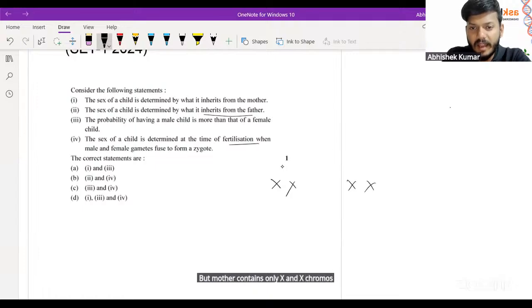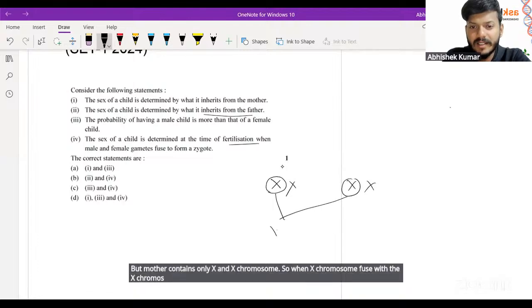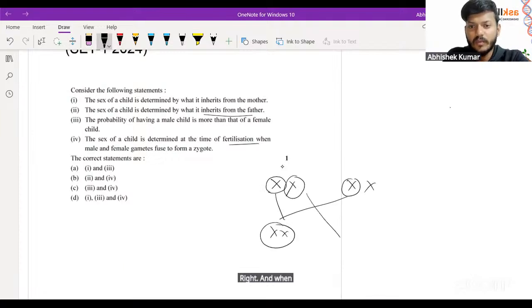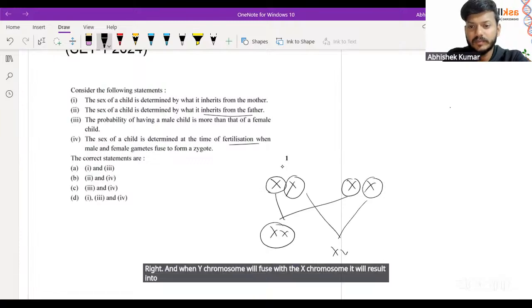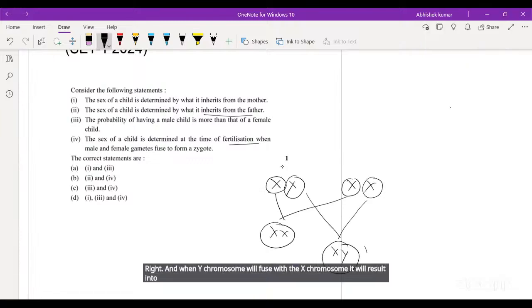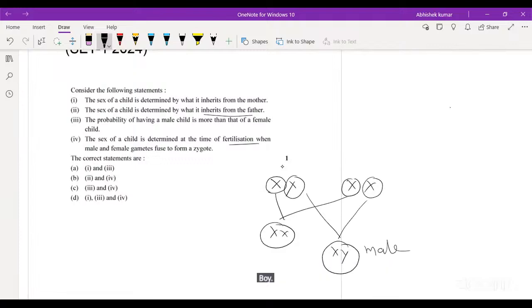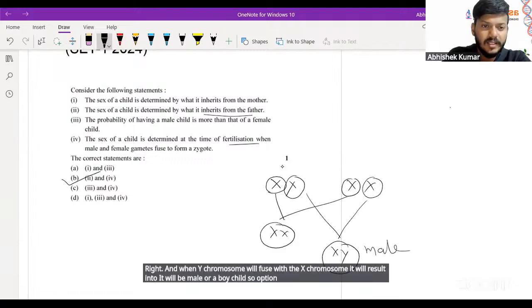So when an X chromosome fuses with the X chromosome of the female, it results in a girl child. And when a Y chromosome fuses with the X chromosome, it results in a male or boy child. So option B is correct.